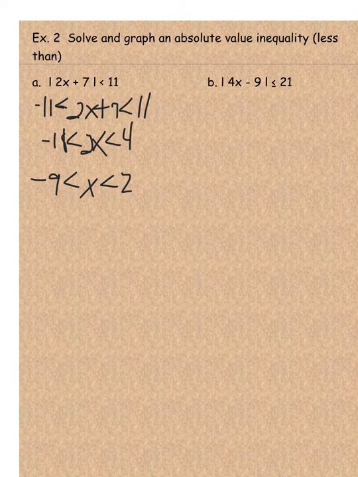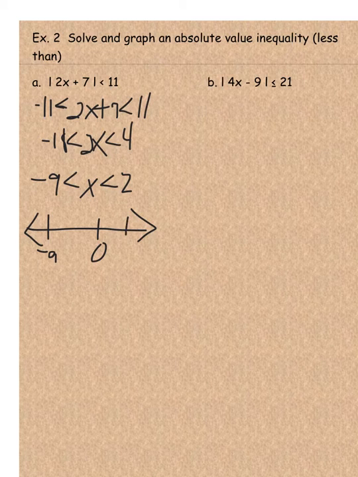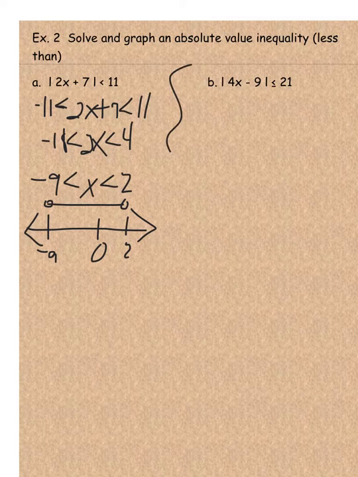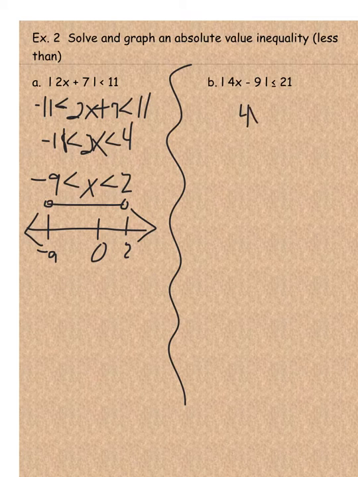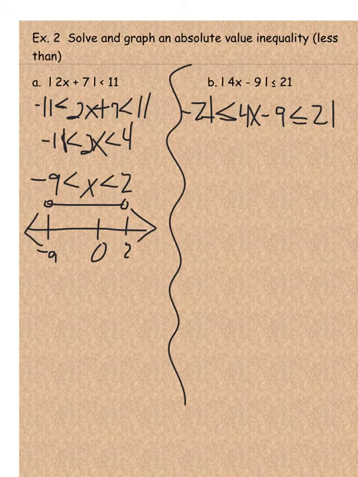So anything between -9 and +2, any value between -9 and +2 would give you an accurate answer for that inequality. For example B, this is less than or equal to, it's still a less than, so we'll copy this exactly as we see it, and we'll also have it be greater than or equal to -21.